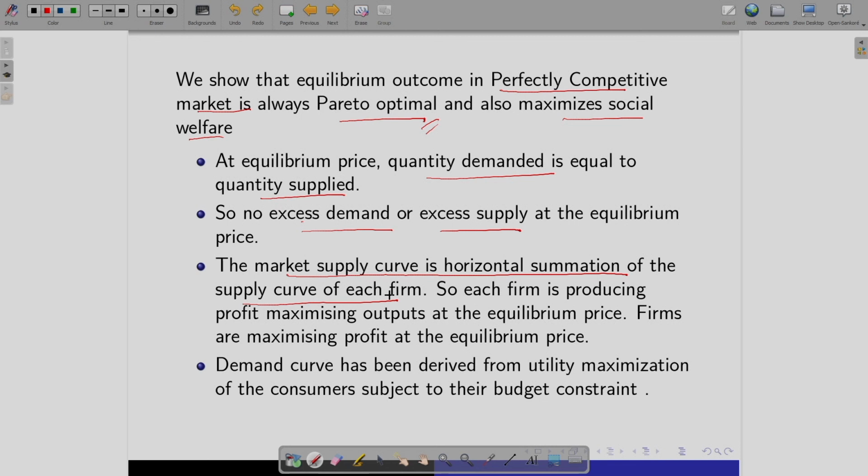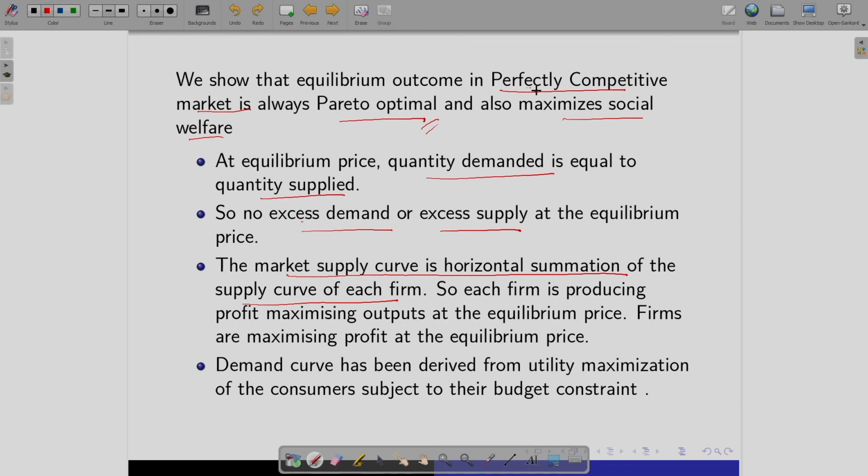So firms are maximizing profit at this equilibrium price. Each point in the supply curve has been derived from some profit maximization.